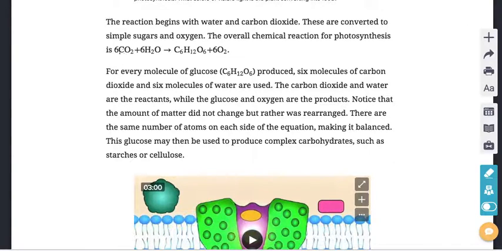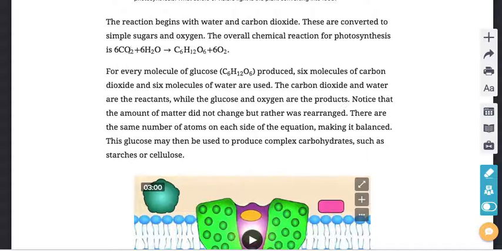I want to point you to the chemical reaction equation for photosynthesis. I say this a few times throughout the chapter, but this 6 is sort of like having parentheses around everything after it, as in an algebra problem, where the 6 gets multiplied by everything after it. So this 6 means there are 6 carbons, but there are also 6 O2s.